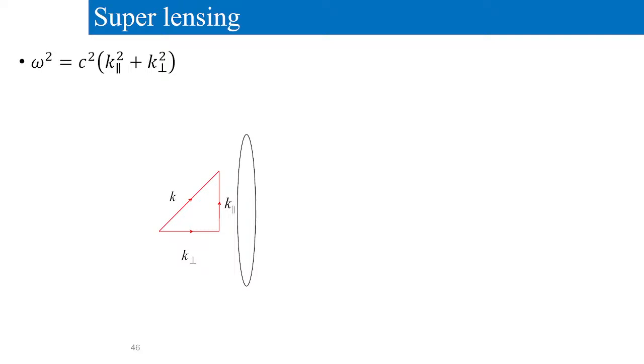Now let us say that we want the maximum of k to be focused through the lens. Then k parallel has to be greater than omega by c. If k parallel is greater than omega by c, then since k parallel square plus k perpendicular square is equal to omega square by c square, k perpendicular has to be imaginary.